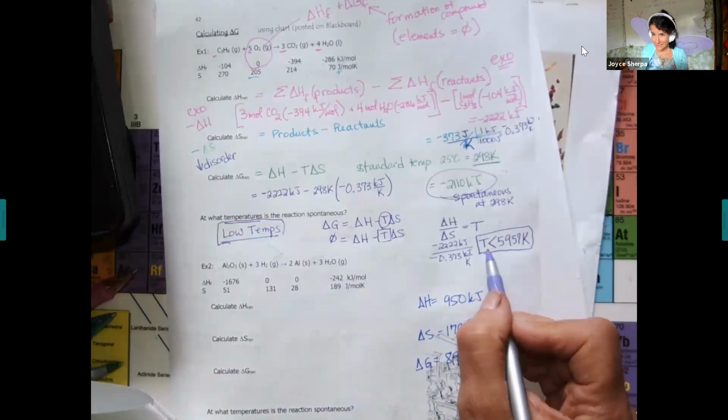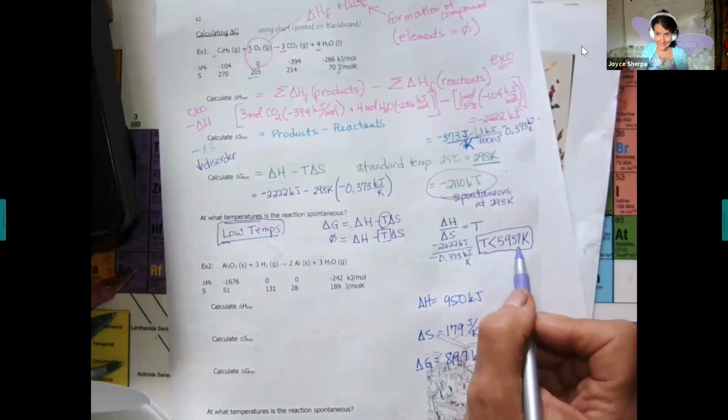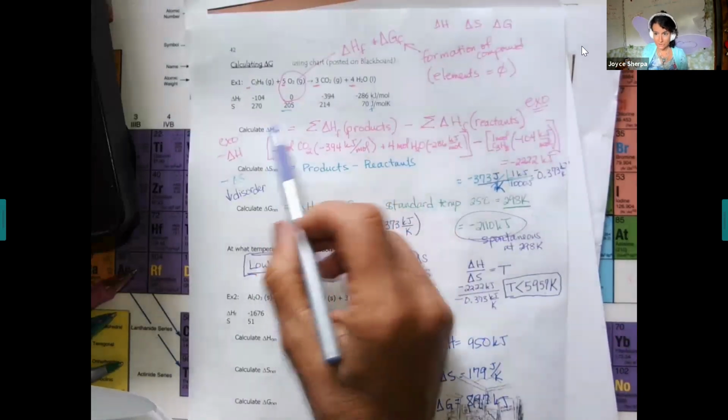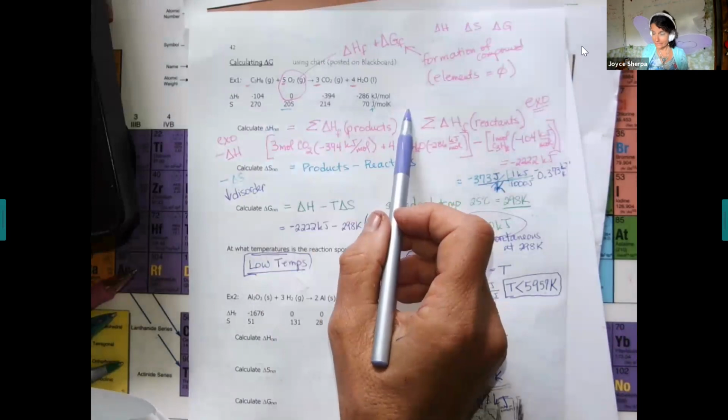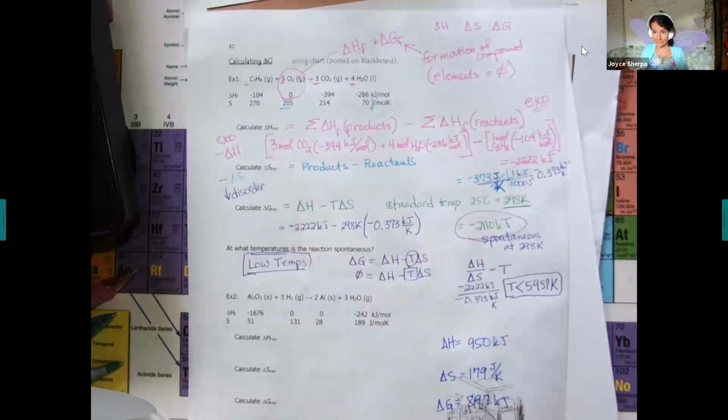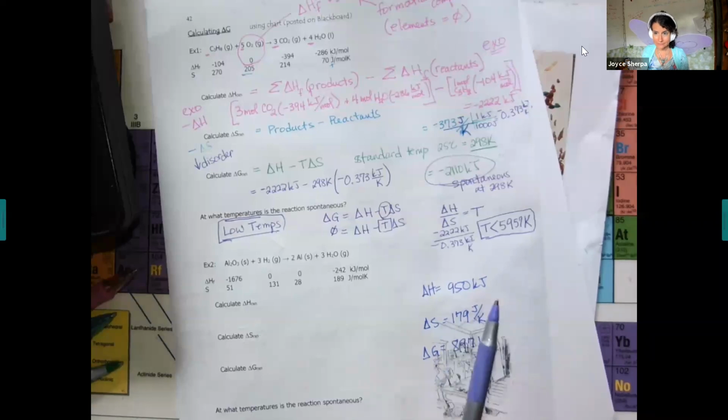So basically, if we could get this hot, if we went to the sun and we got this hot, this reaction would stop. So if your spaceship was a propane combustion engine, you're not going to work when you get to that temperature. All right. So it makes sense that it worked at room temperature because room temperature is below that temperature.